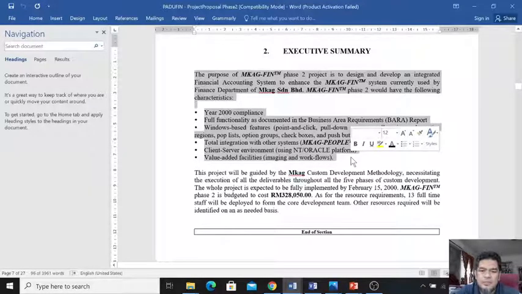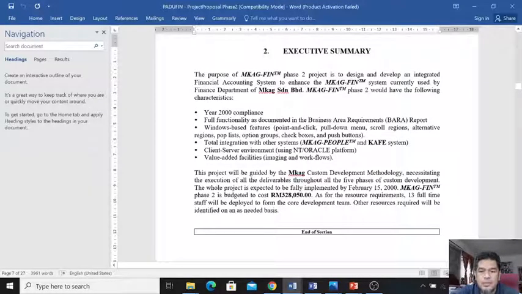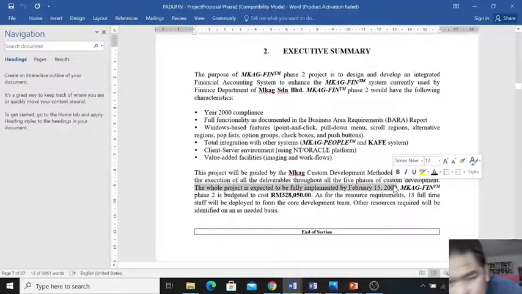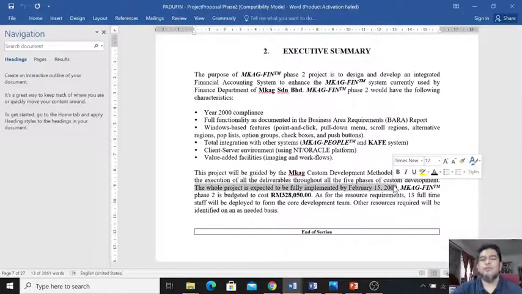This executive summary focuses on the system, what the system does, and then on the methodology, how the system will be managed and developed, using what kind of methodology. And then it touches on the implementation date, and also when the project will be completed.